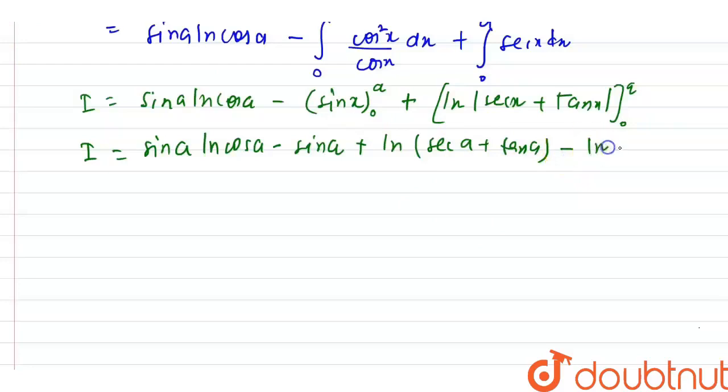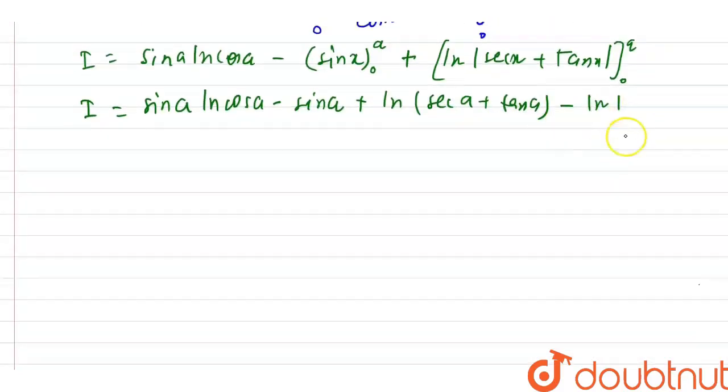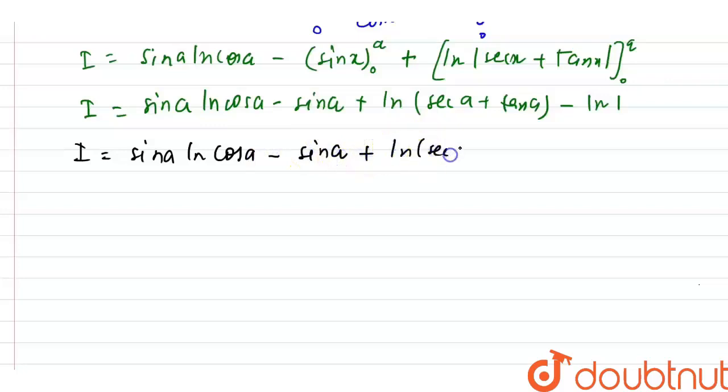So I'm writing here it is ln 1 only, and ln 1 is 0. Hope you already know. Now I'm writing this: I equals sin a ln cos a minus sin a plus ln|sec a + tan a| minus 0, because ln 1 is 0.